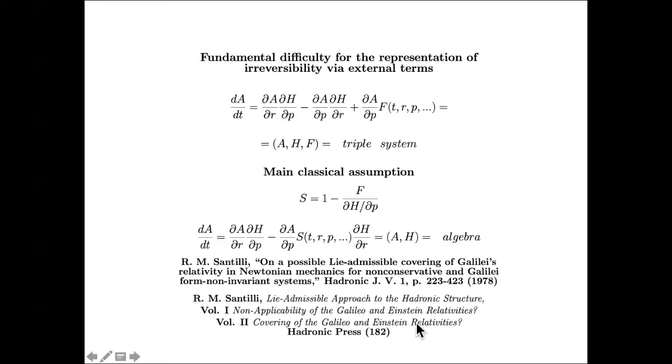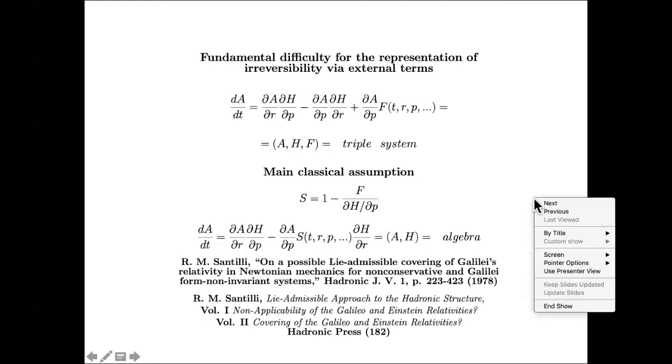In these two volumes, I introduced, for instance, an irreversible lifting or completion, if you want, of the Minkowski space-time called Gano-Minkowski space-time. I introduced an irreversible completion of the symplectic geometry, and a number of other models that represent the irreversibility in the ultimate structure of the formulations.